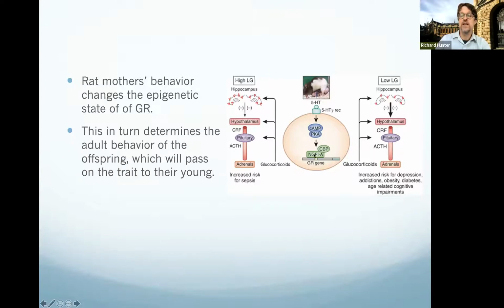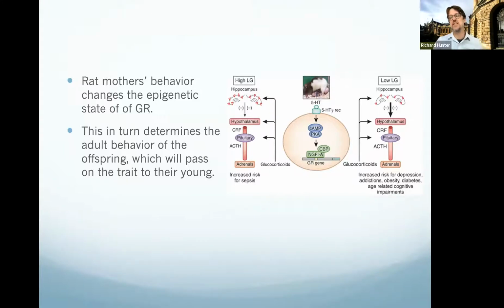That in turn was affecting how a certain transcription factor, NGFIA, was interacting with the GR gene, and that in turn was deciding or helping the methylation machinery decide whether to methylate and turn off this gene or turn down this gene, or whether to turn it up. And again, so this is sort of one of the most complete stories in epigenetics. So I'd sort of give it to you as an illustration.